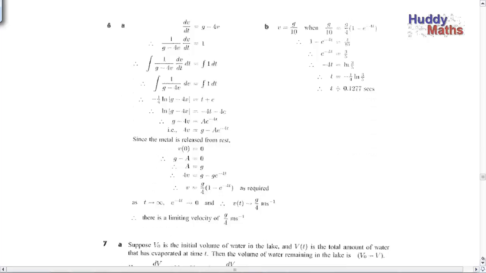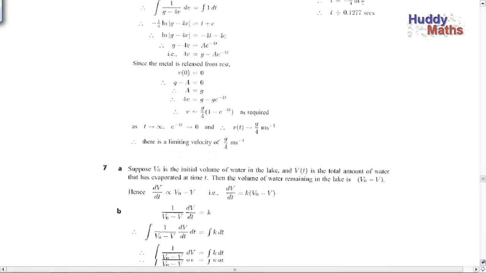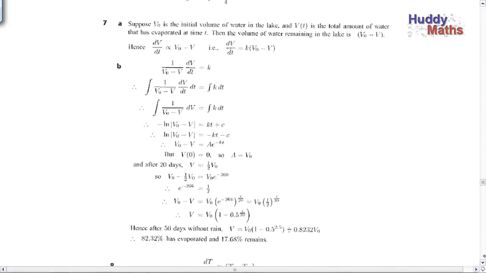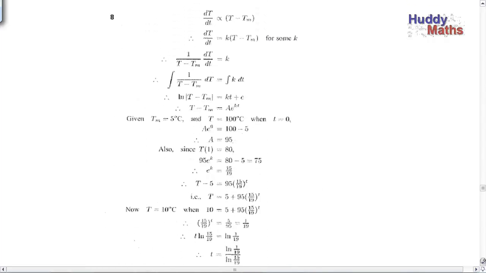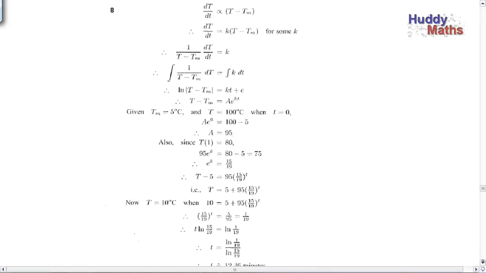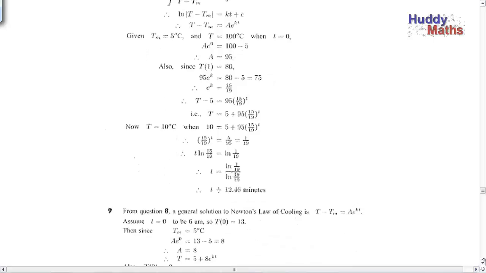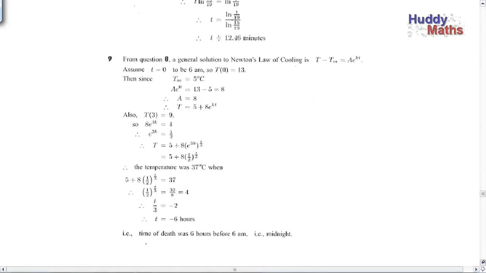Okay, 6A and B. Question 7, A and B. And question 8, almost, I think we can get it all on there. No, not quite. There's the rest of the answer there. Question 9.